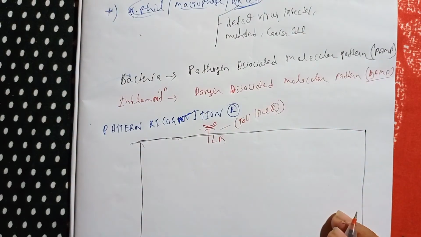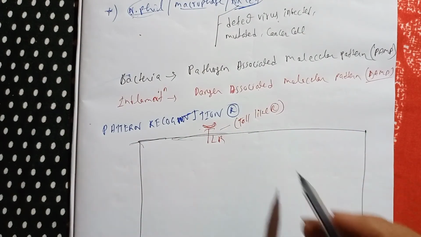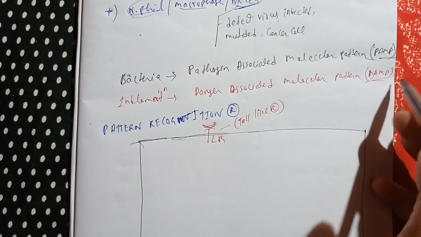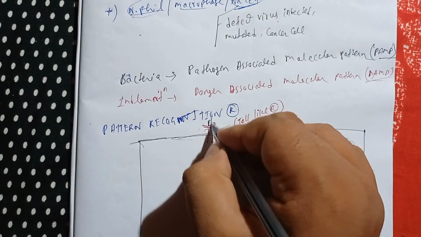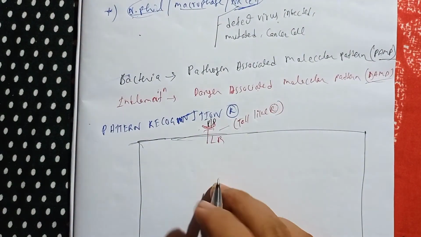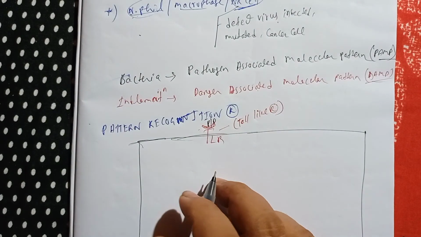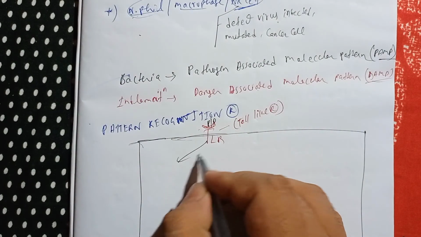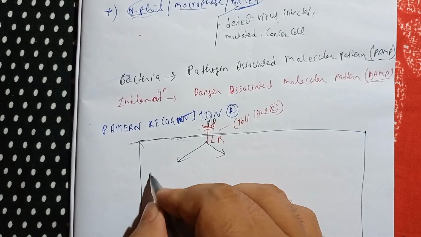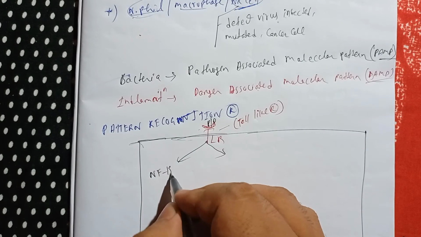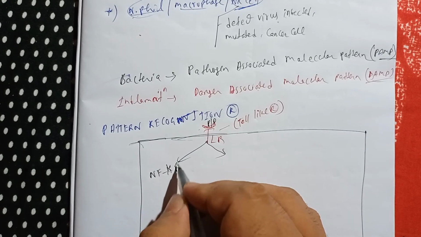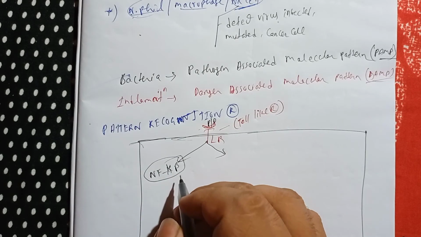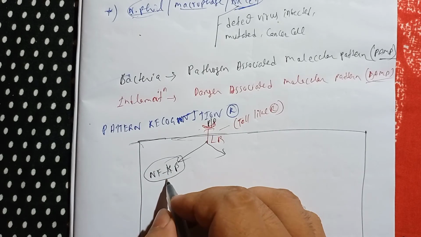Whenever any of these molecules, PAMP or DAMP, come here, the toll-like receptors will get activated and produce two types of materials. One is nuclear factor kappa beta, and its function is to recruit more neutrophils, like we can say WBC.